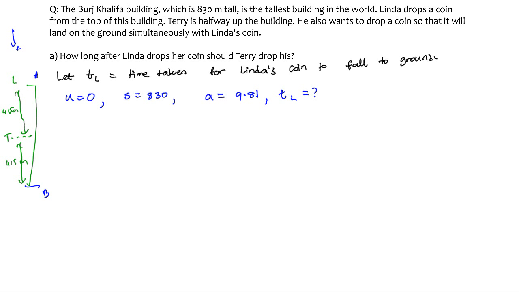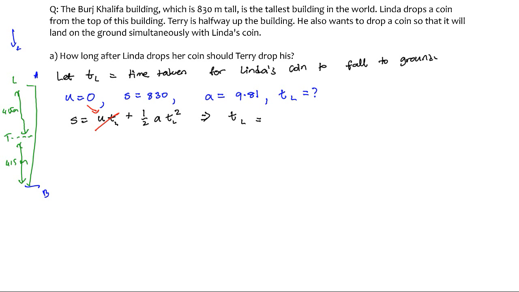I can use S is equal to ut plus half at squared. So t of course I call it TL because it's the time for Linda's coin. U is 0, so once again this part just cancels out because when you multiply u by t, it just becomes 0. So now I'm interested in finding t. So I can say the time it takes for Linda's coin to fall.